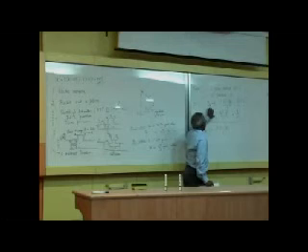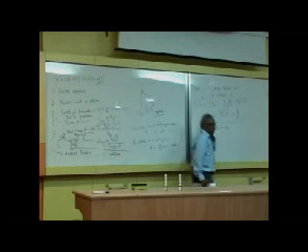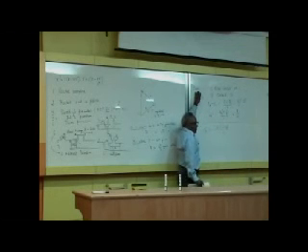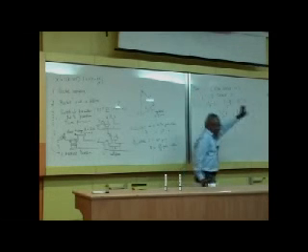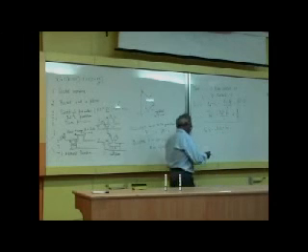What does this mean? In one frame, TR is greater than TL. In another frame, T prime R is less than T prime L. What does this say about the two events R and L? What can I say about it? They are space-like. The separation between these two is space-like. Only then can this happen.